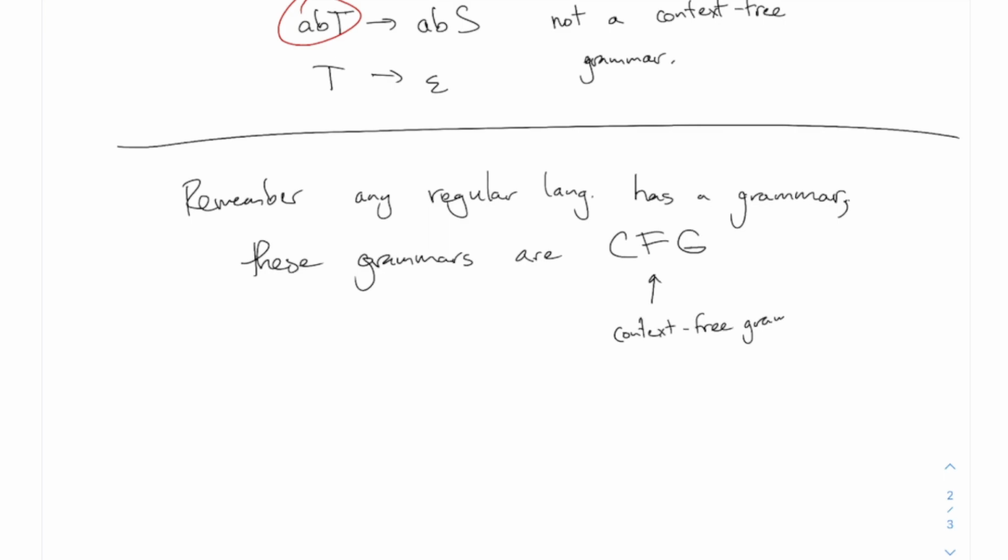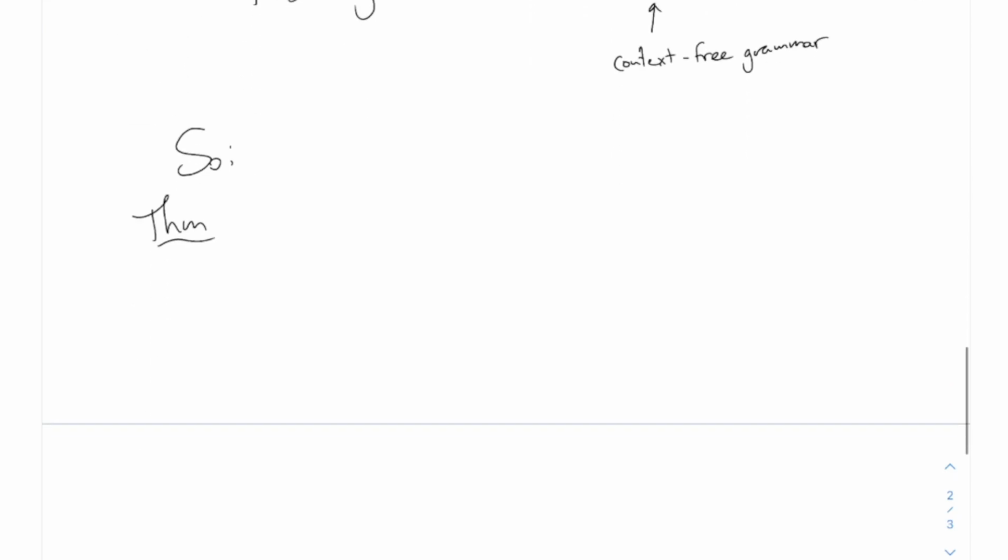A context-free grammar generates a context-free language. Any regular language has a grammar, and those grammars are always context-free grammars because they are single step, which is a very simple format. And so, I guess you could write this as a theorem. I'll write it as a theorem: any regular language is a context-free language.